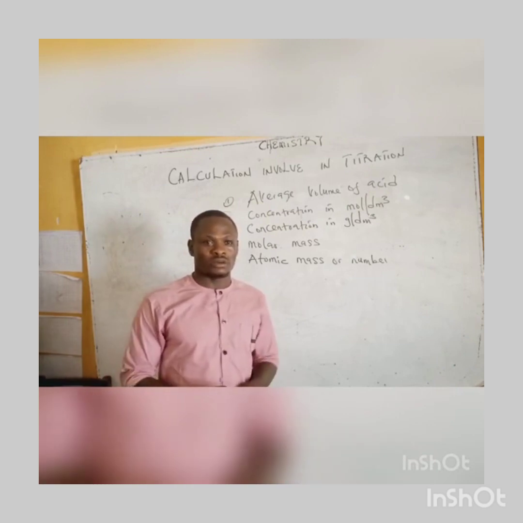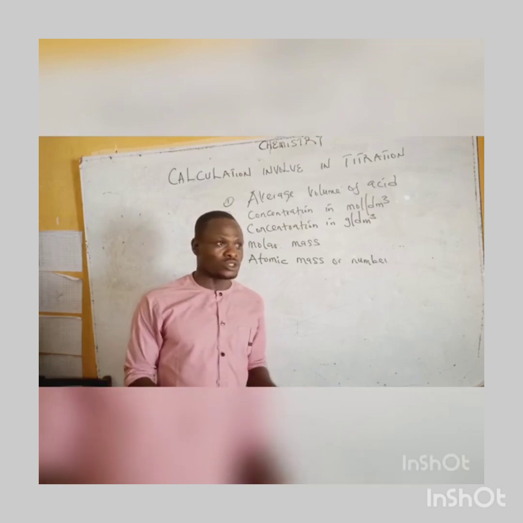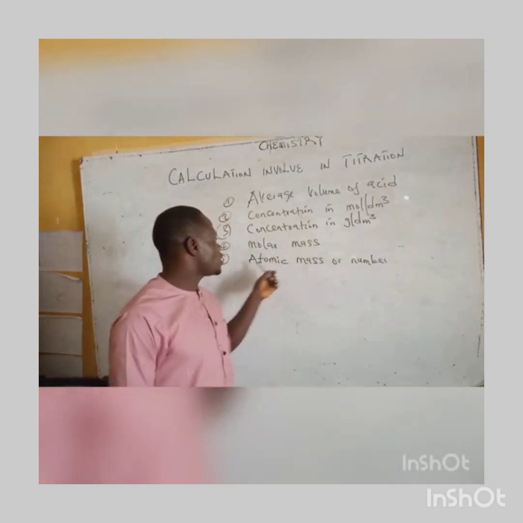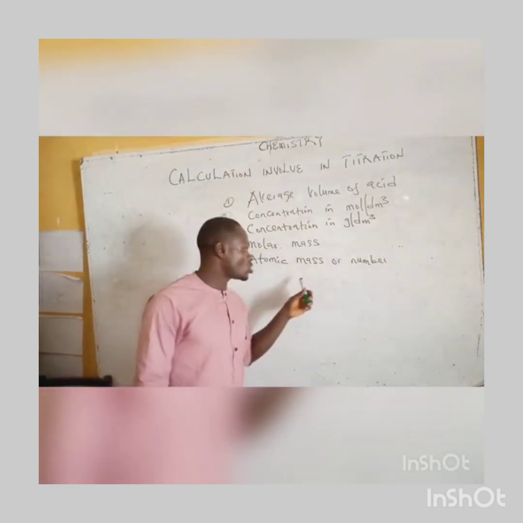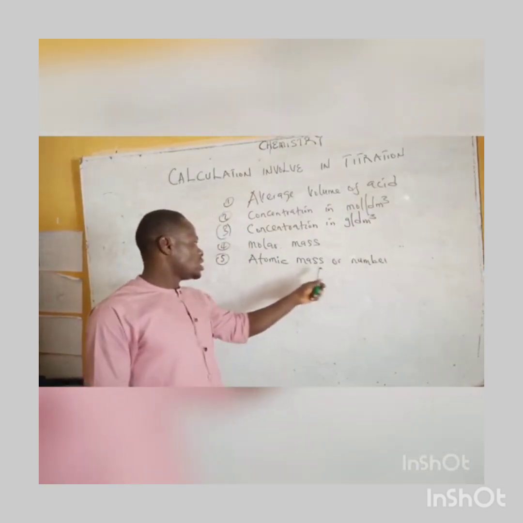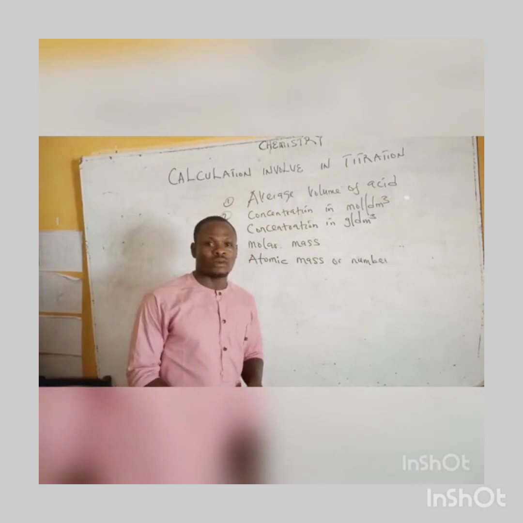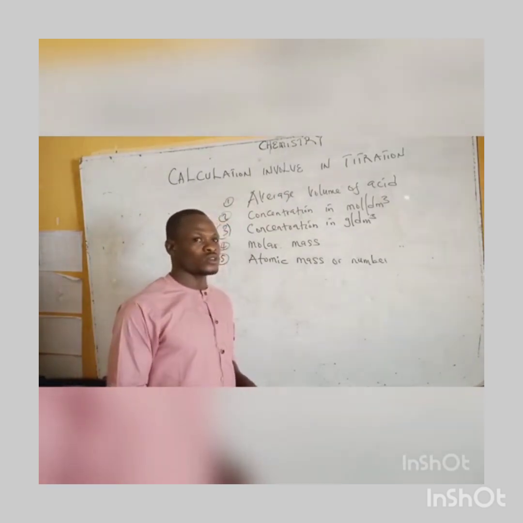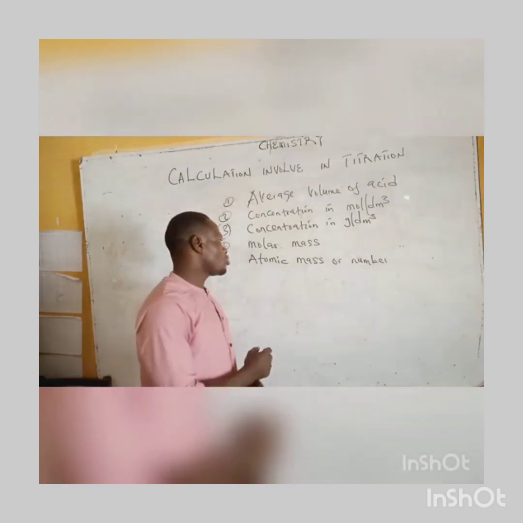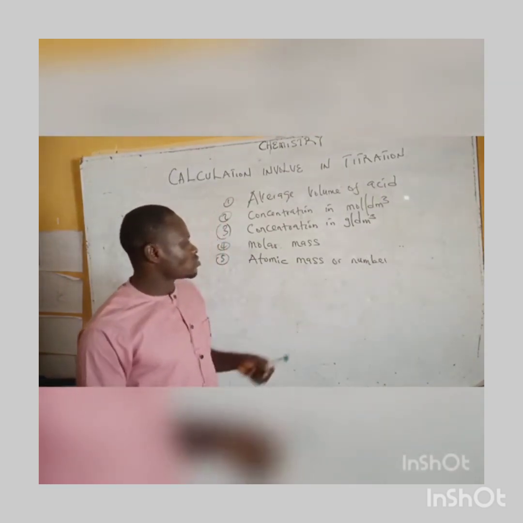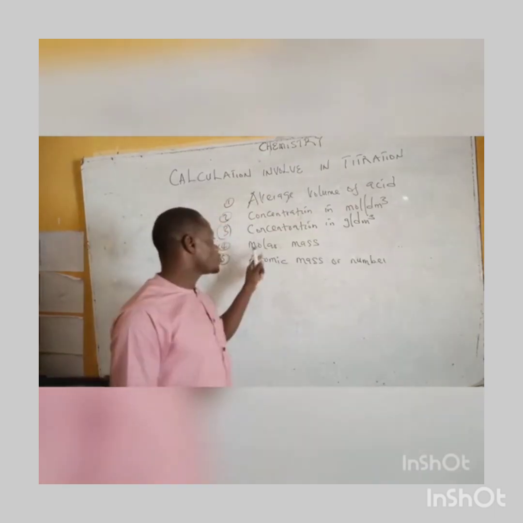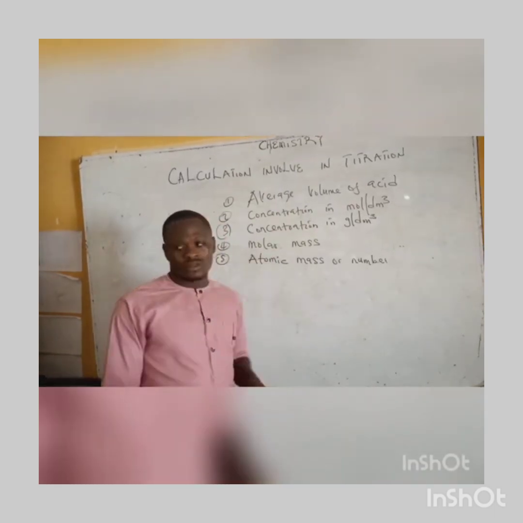When you combine the proton and the neutron in the nucleus of an atom, it gives you the atomic mass, while only the proton in the nucleus of an atom gives the atomic number. For instance, the atomic number of carbon is 6, but the atomic mass of carbon is 12. So you'll be asked to calculate the atomic mass of a particular element or compound, or also the molar mass of a compound.